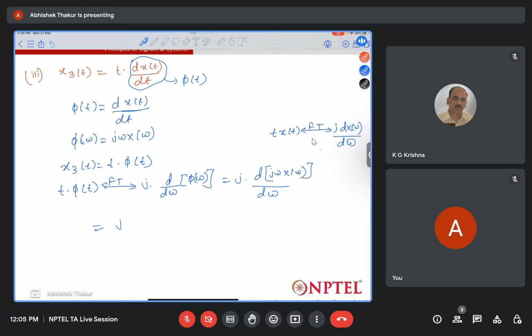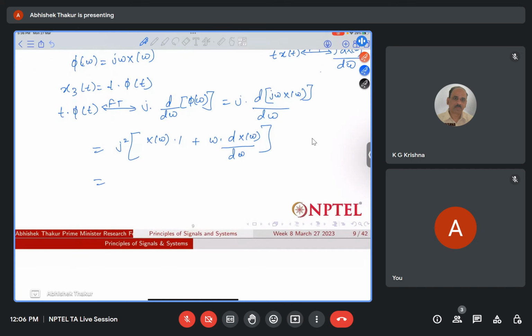Now j is a constant, so it will also come out, giving j squared. Here it will be simple: d of omega X(omega) by d omega is X(omega) plus omega into d of X(omega) by d omega. And j squared, since j is root under minus 1, the square will be minus 1.